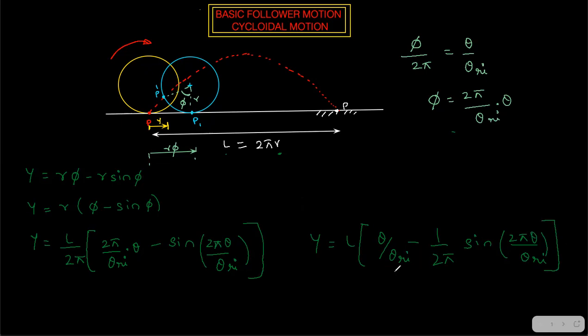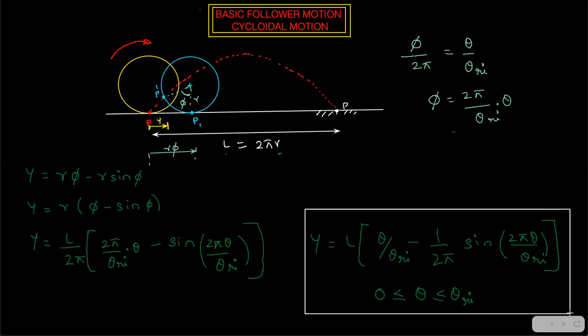And this is true for 0 less than or equal to theta less than or equal to theta ri, because we have measured only between those points, and similar values will continue for the other cases also. From the dwell position, from the top position to the return position, the same conditions can be followed.